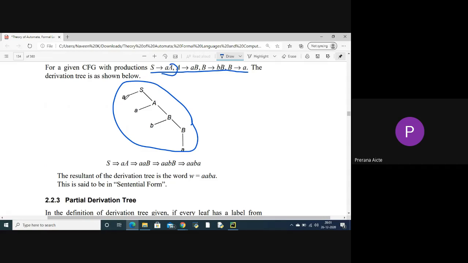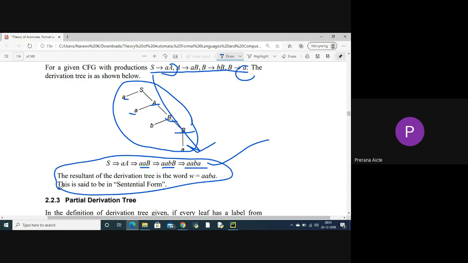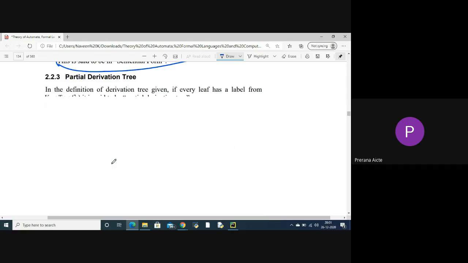So S tends to AA, and A is replaced by AB, and B is replaced by BB, and again B is replaced by small a. So this form, S tends to AA, again AAB, and AABB, and AABA. This form is nothing but a sentential form. Sentential form. This is also one more important term for you people. Sentential form.